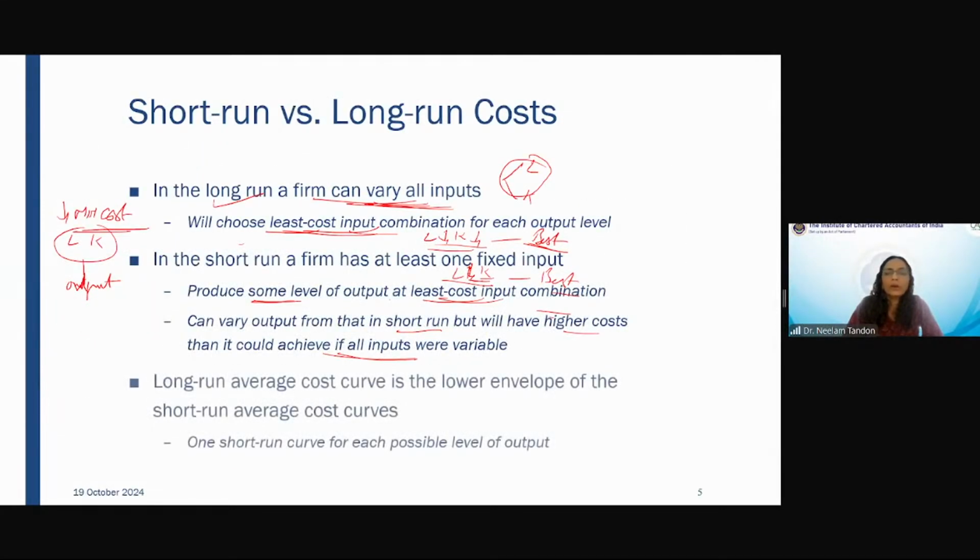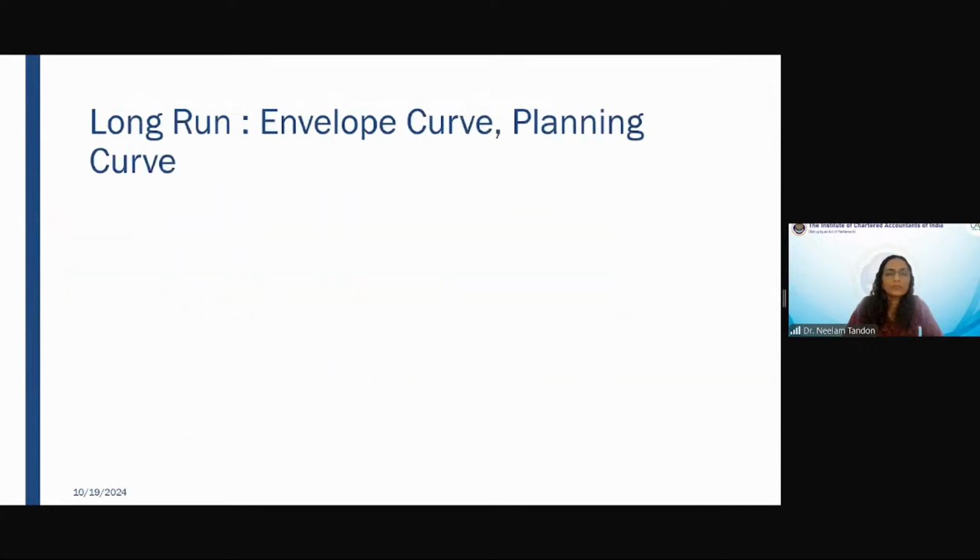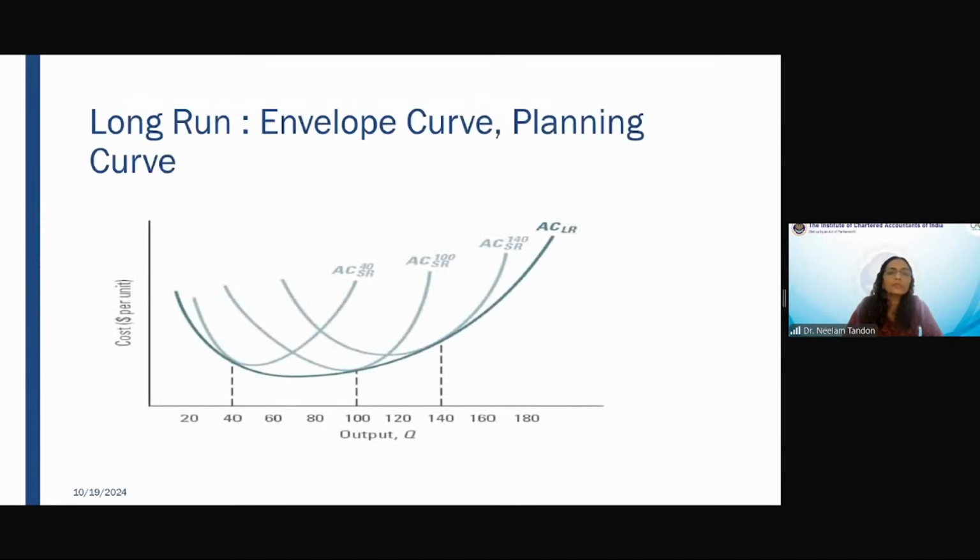So short term and long term average cost curve difference आपको समझ में आ गया. So long term is also known as, I've told you, envelope curve, planning curve. Envelope curve because ये short term को cover करती है long term average cost curve. You see, these are different short term average cost curves, and this is the long term average cost curve.